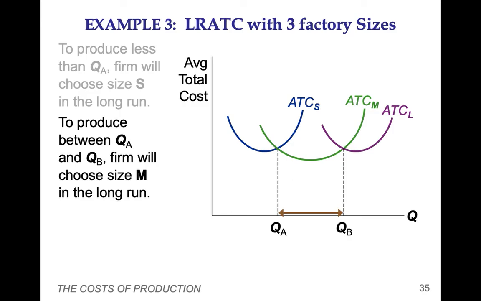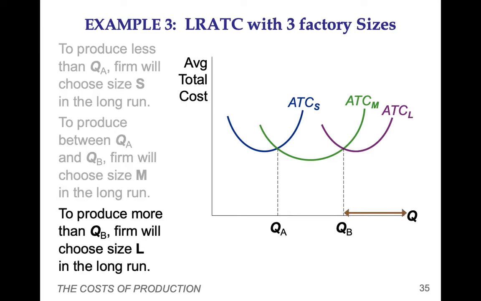If the firm wants to produce between QA and QB, the firm will choose size M in the long run. Why the size M? Because at the size M, the firm is producing at the lowest average total cost. If the firm would like to produce more than QB, it is better to choose the size L in the long run.